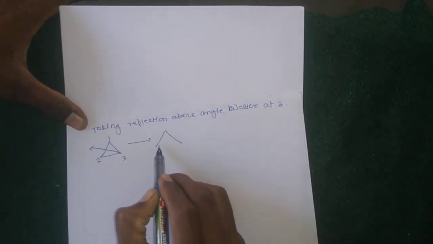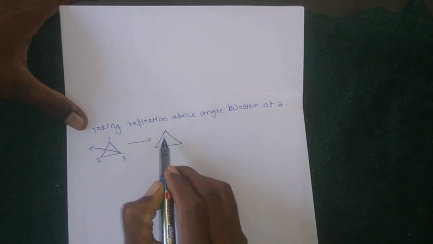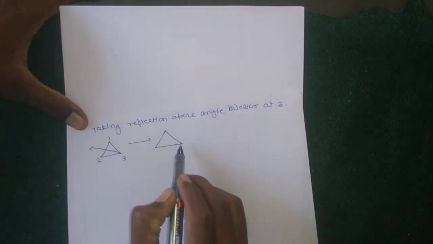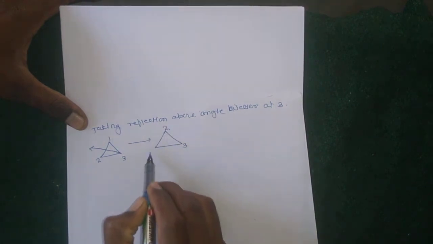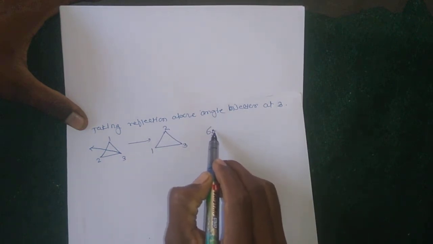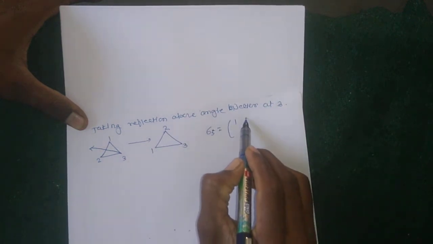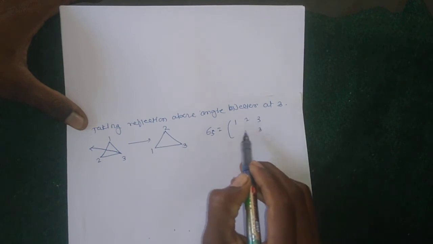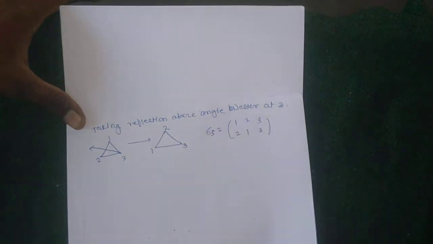So this is a permutation of S3. 3 keeps its place and 2 1 swap. This is sigma 5. Sigma 5 is 1 2 3, with 3 staying and only the positions of 2 and 1 changing.